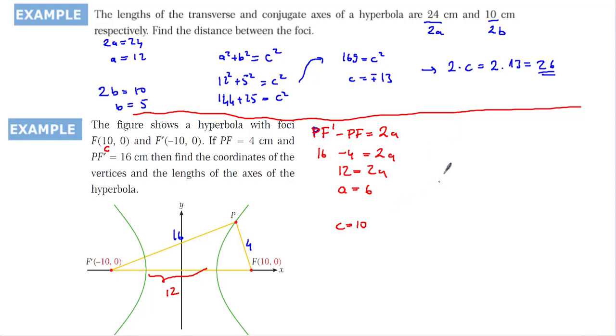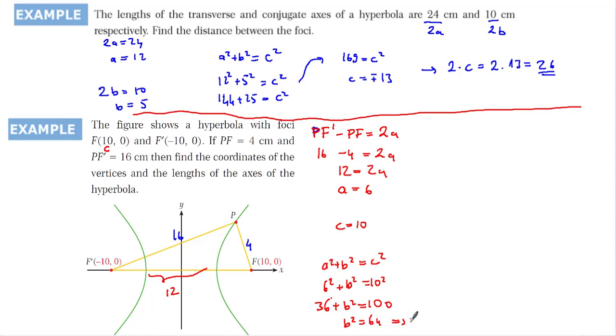For the conjugate axis, I need this formula. A squared plus b squared is equal to c squared. 6 squared plus b squared is equal to 10 squared. 6 squared is 36. 36 plus b squared is equal to 100, and b squared is equal to 64.